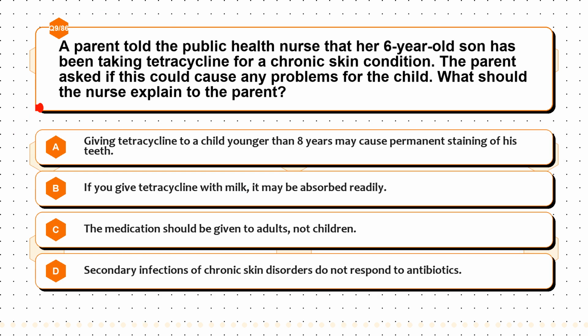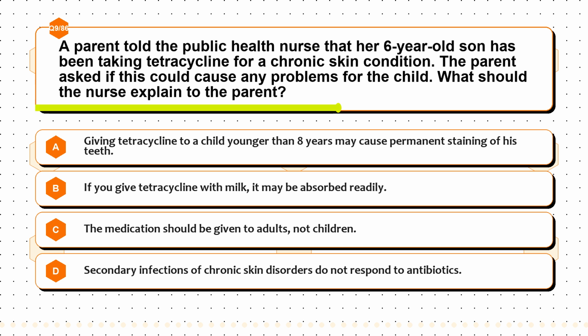Question 9. A parent told the public health nurse that her 6-year-old son has been taking tetracycline for a chronic skin condition. The parent asked if this could cause any problems for the child. What should the nurse explain to the parent? Here are the options. Option A. Giving tetracycline to a child younger than 8 years may cause permanent staining of his teeth.